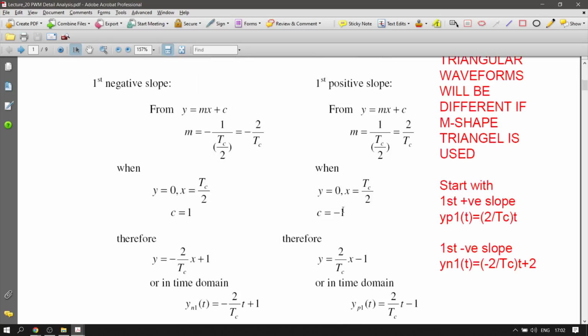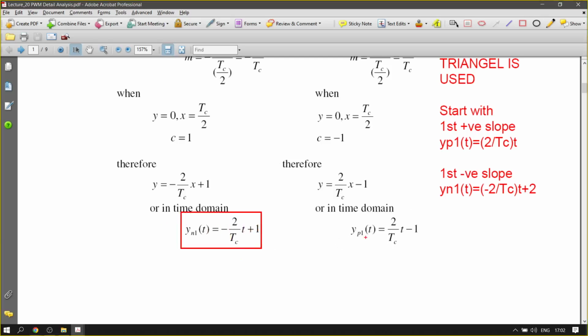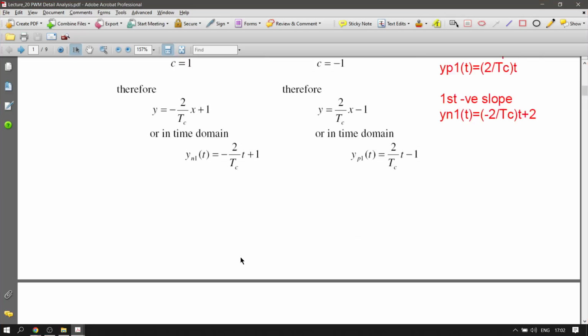Therefore, you have minus 1 for c, and your equation becomes y equals 2 over TC x minus 1. So the next equation is yp1.